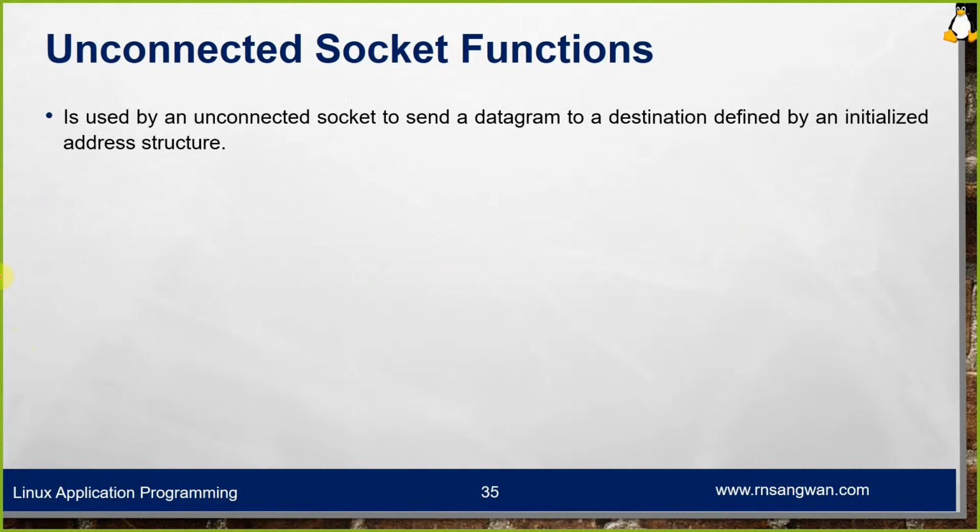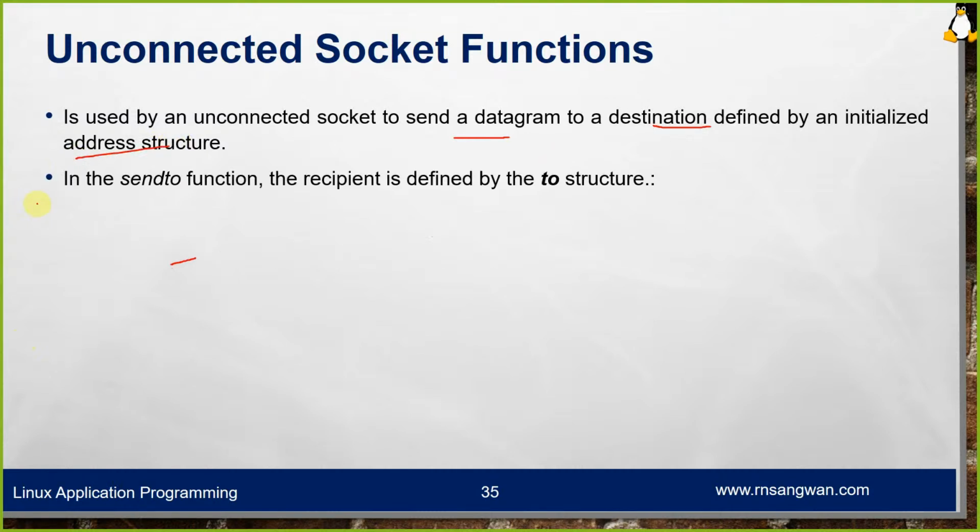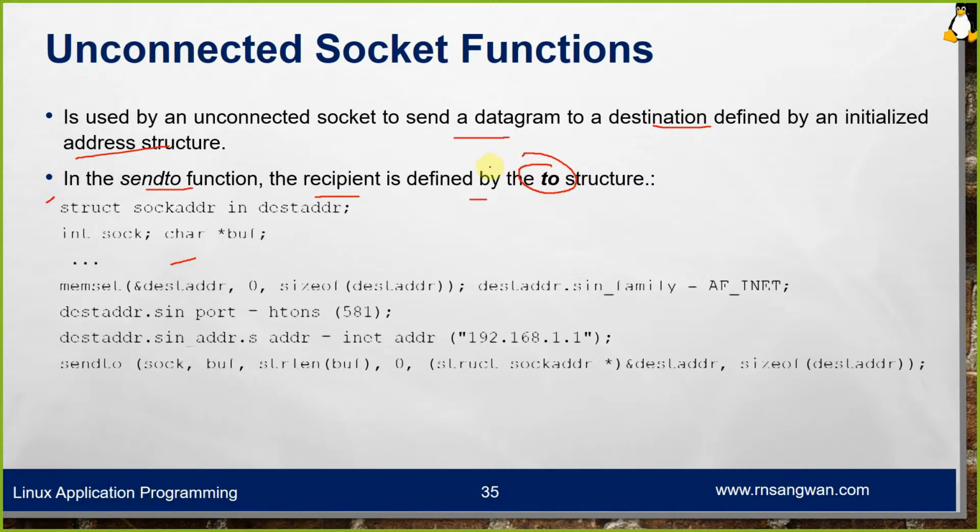This is used by an unconnected socket to send a datagram to a destination defined by an initialized address structure. In the sendto function, the recipient is defined by the to structure that was mentioned. Do you recollect that? Destination size of.